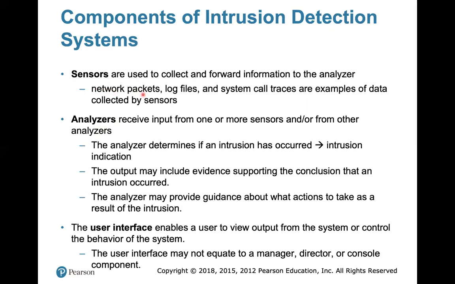It might be the whole packet, or let's say only the header of the packet. Network packets can be seen as a source of information that can be used for analysis, and the analysis may tell us if the system is working normally, or if some attack has happened to this system. So network packets are one of the sensors that we may use in intrusion detection.